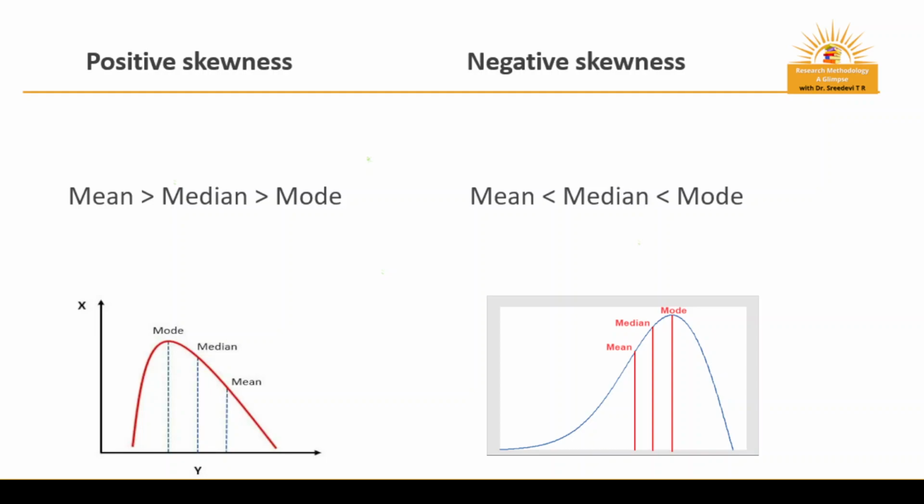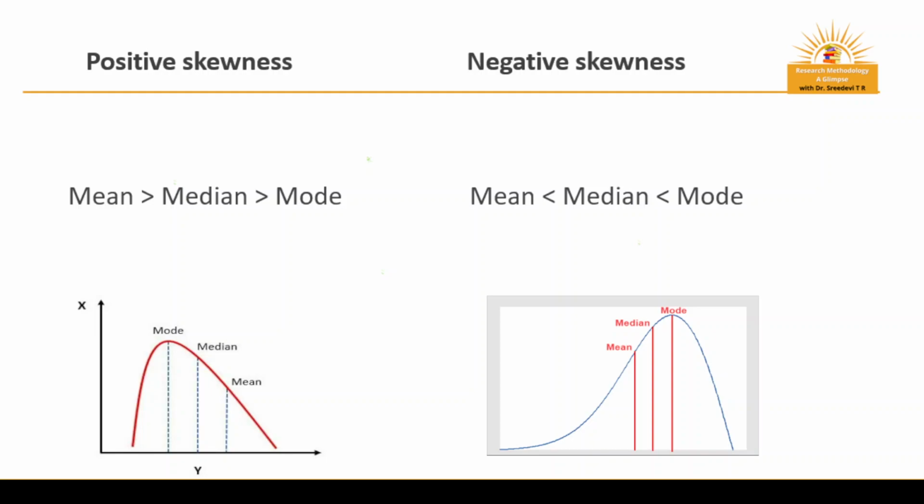In case of positive skewness, an example, if we consider income in a population, more people falls in the average or low income group, few people in higher income group. Data values are piled towards low or middle income group. Mean is towards right, that is in higher income. Skewness is towards right side, that is positively skewed distribution.